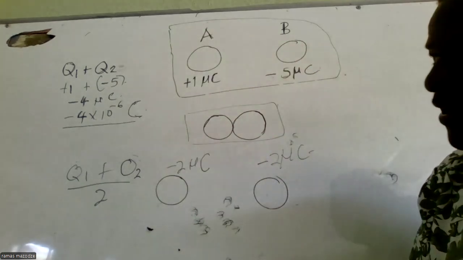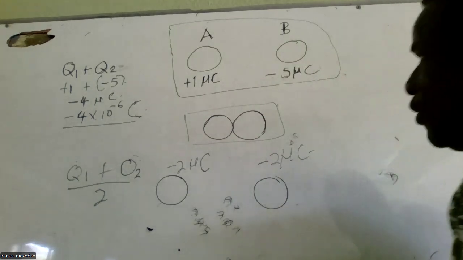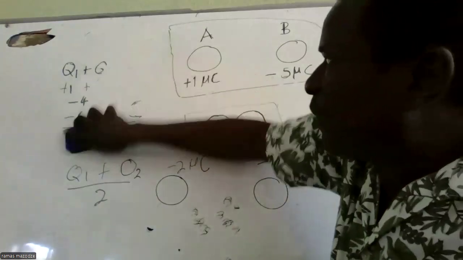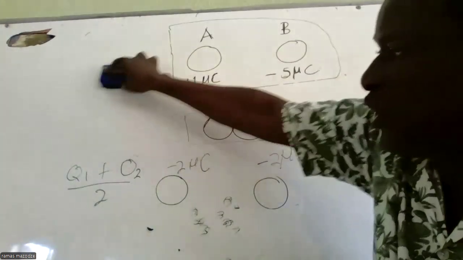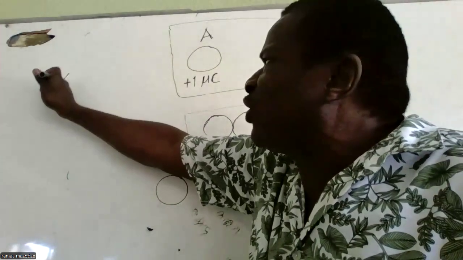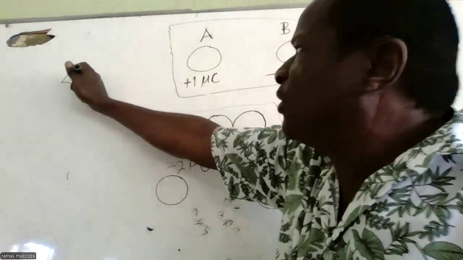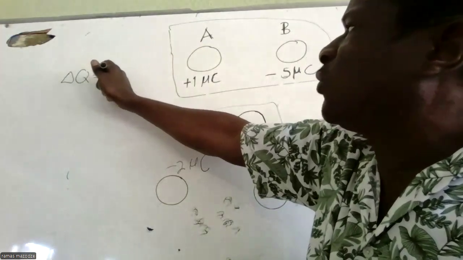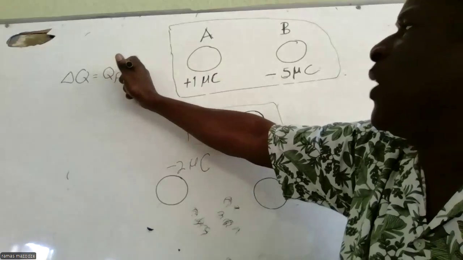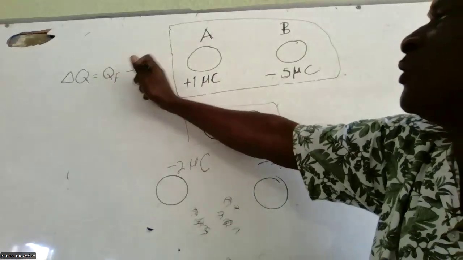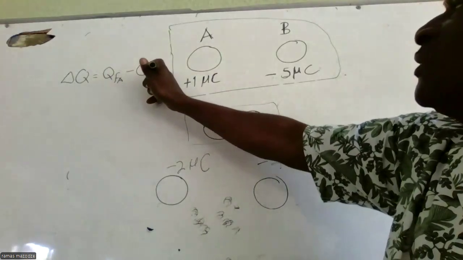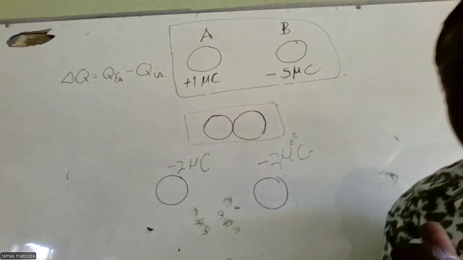So if you want to calculate now the change in charge, I call this delta Q, the change in charge. You can look at each charge separately. It is final charge minus initial charge. So if you look at A, final charge of A minus initial charge of A.